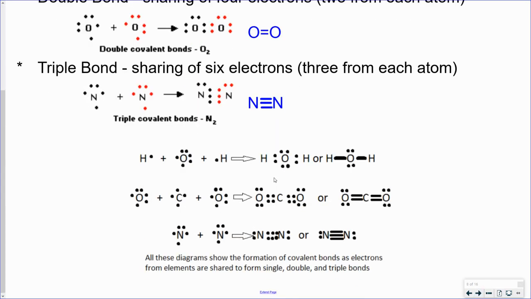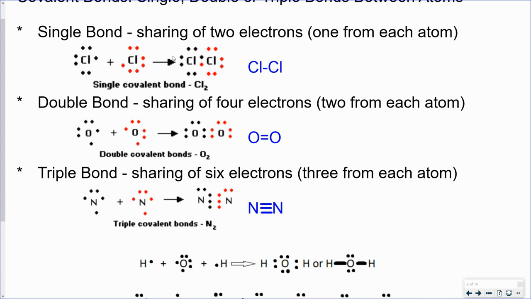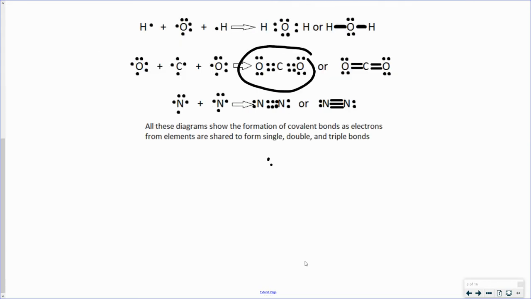So this is a lot about showing how we might draw the bonds or the elements together if they're the same. But I want to talk to you about carbon dioxide, for example, and how I come about this drawing. Carbon has 4 valence electrons. Oxygen has 6.